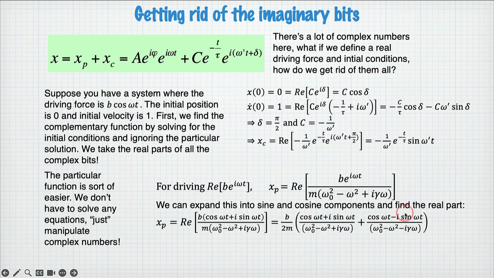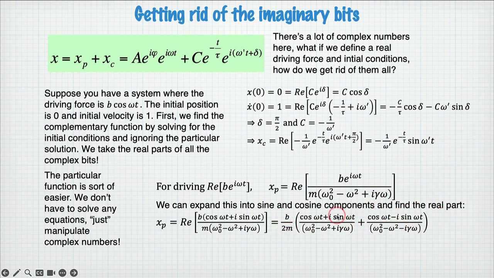So first of all, we expand e to the i omega t into cosine omega t plus i sine omega t. And now this part in brackets, to find the real part, we add that to its complex conjugate and then divide by 2. So here is this function in brackets, and then we're adding the complex conjugates. I've just inverted the sign of everything with an i and multiplied by a factor of a half.